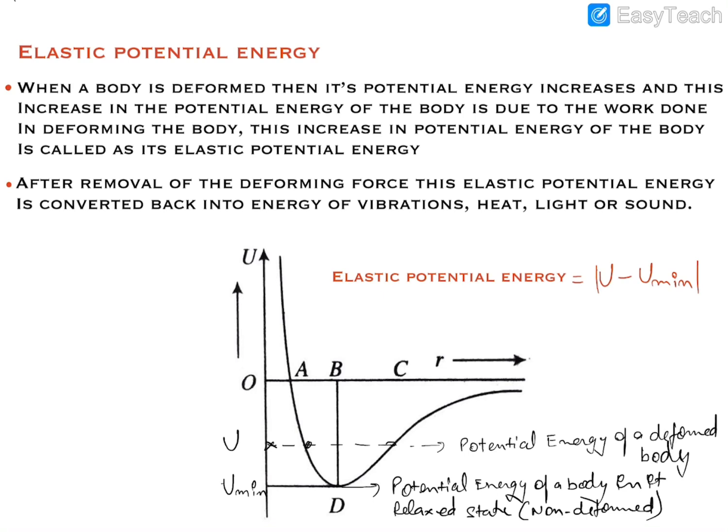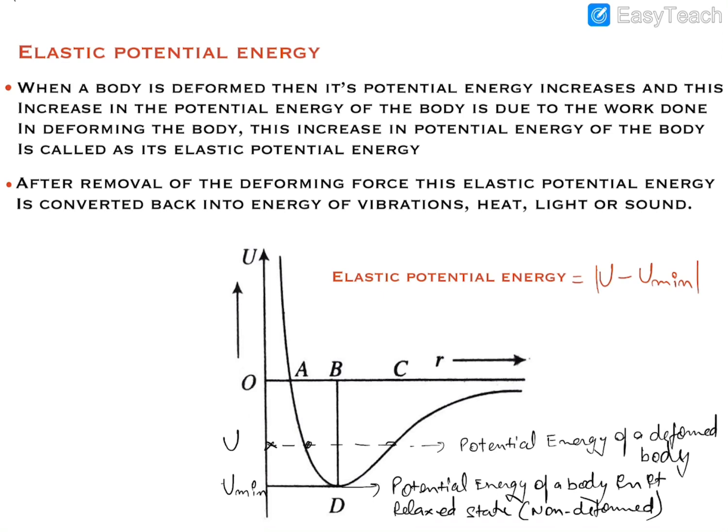If we observe the graph of potential energy of a pair of atoms inside a solid crystal against the interatomic distance r, or we can say a graph for matter, this is the distance between the two atoms, and this is the potential energy of that two-atom system.